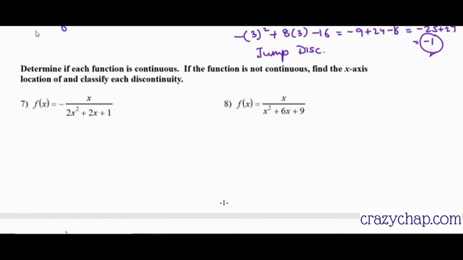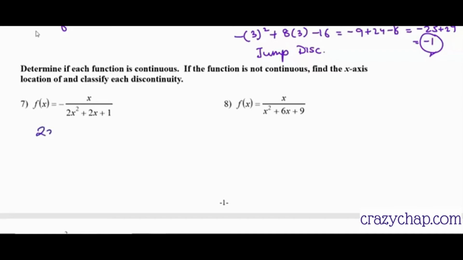There is no common factor between numerator and denominator, so there is no removable discontinuity. Good, because removable discontinuity is for common factors. Then we'll check, does the denominator make 0 for any value of x? We'll check that.